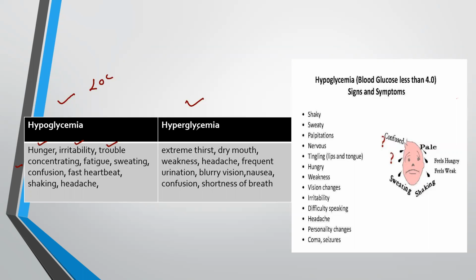And in hyperglycemia, there is extreme thirst, dry mouth, weakness, headache, frequent urination, blurry vision, nausea, confusion, shortness of breath, etc. Now we will focus on these signs and symptoms. See here, some other symptoms: shaky hands, sweating, palpitation, nervous system effects, tingling, hunger, weakness, vision changes, irritability, difficulty speaking, headache, personality changes, coma, and seizures.